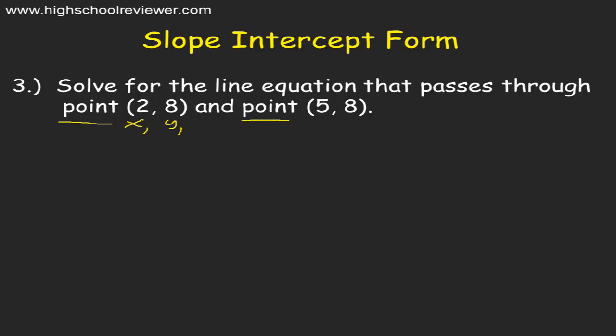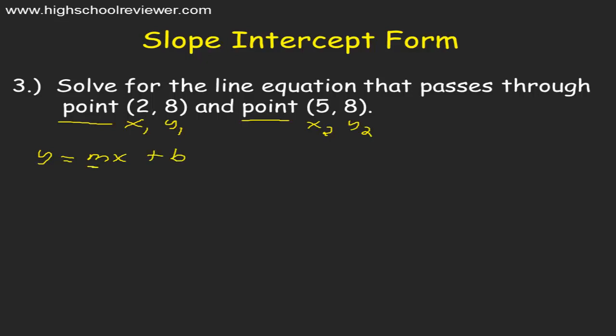So if this is point 2, our x sub 2 is positive 5, and our y sub 2 is positive 8. The slope-intercept form equation, our equation now will be y is equal to mx plus b.